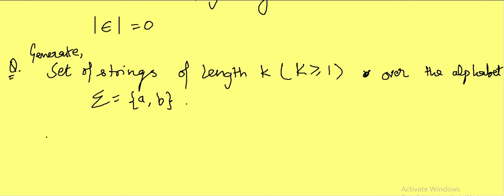It means that you have to generate a set of strings in which each string has length at least 1. You have to build such strings from A comma B, which are 2 alphabet symbols, and the length must not be less than 1. This means that except the empty string, you can take any symbols anytime, right?